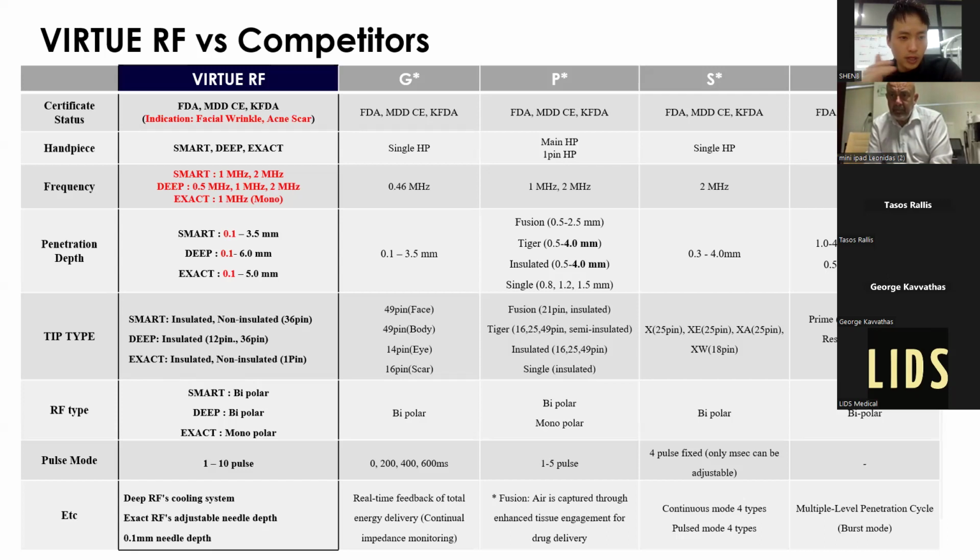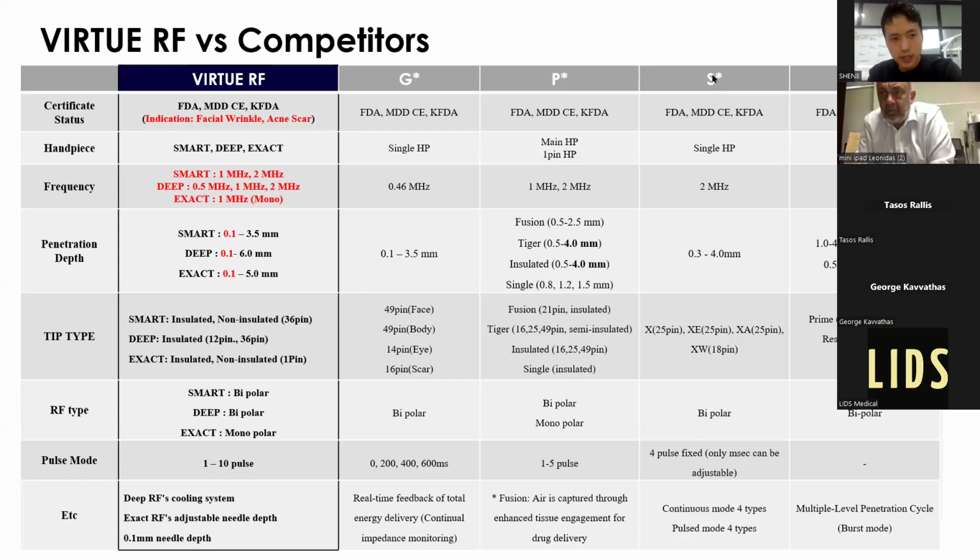Depending on which layer we target and which kind of energy we want to use, we can choose between insulated and non-insulated tips. But Morpheus 8 cannot. Most importantly, as I have told you, their needle control is in 1.0 millimeter increments, so they can't do detailed control of the needles.